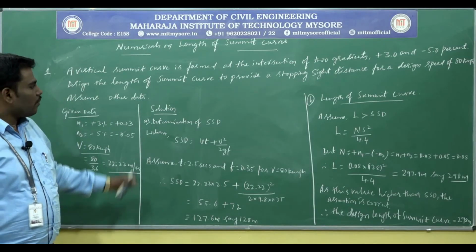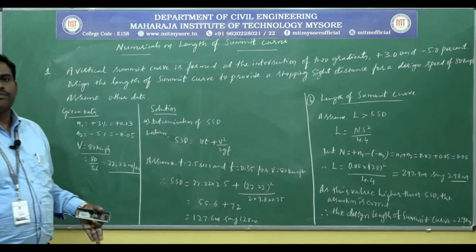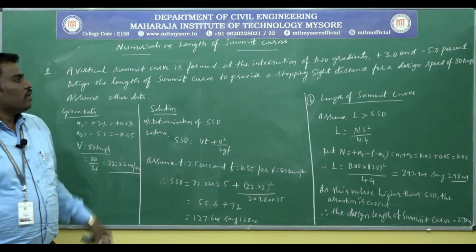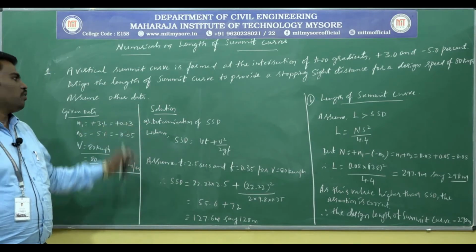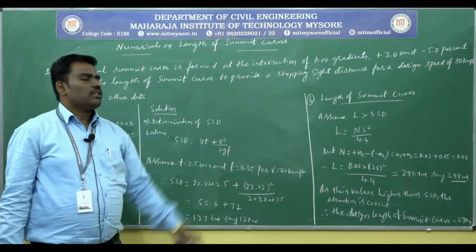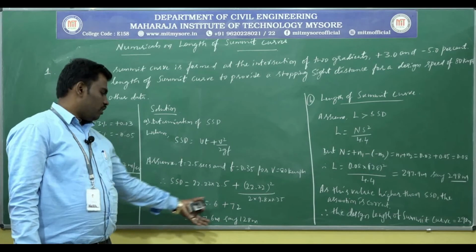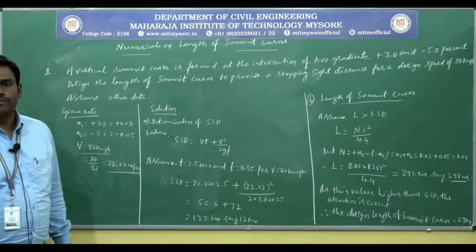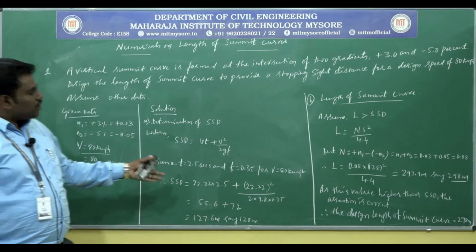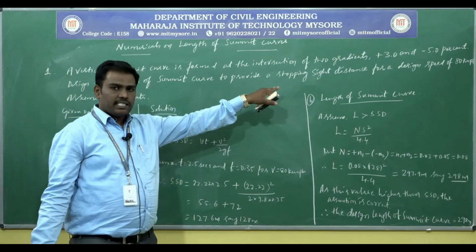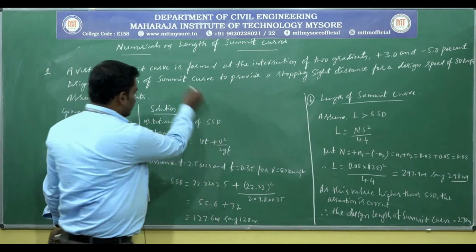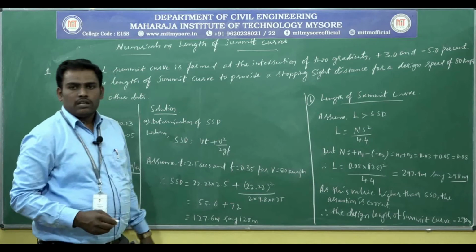Is it clear? Okay. This is regarding the length of summit curve to provide the stopping sight distance of 128 meter. Sometimes they only give the value of stopping sight distance. Then you may eliminate this step, determination of stopping sight distance.